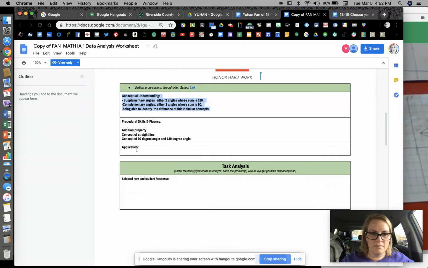So I looked at their paper for each common mistake. Okay, so you looked at the common mistakes. Yes. So I looked at the paper and took notes on the angles and using the right angle.